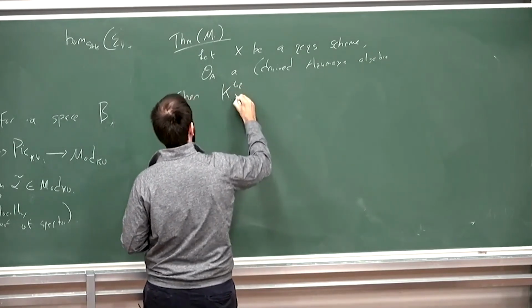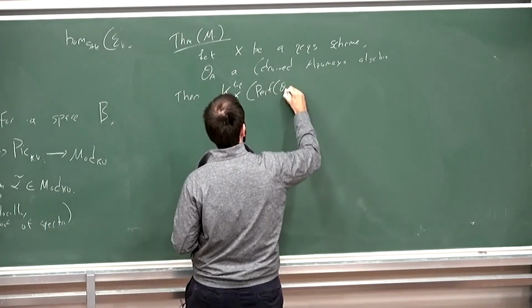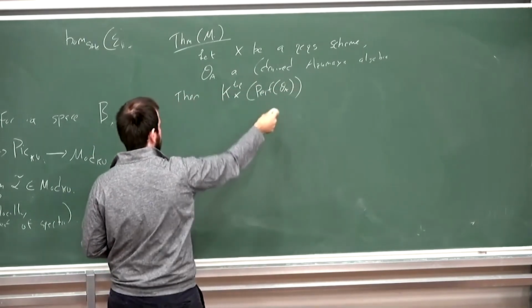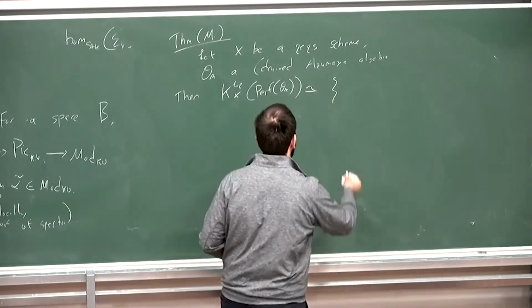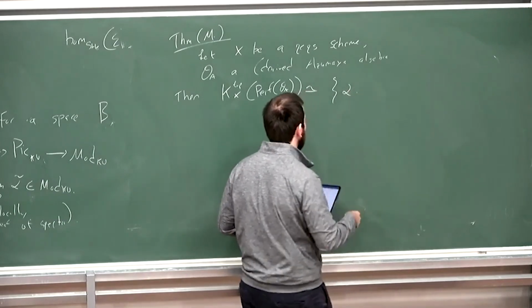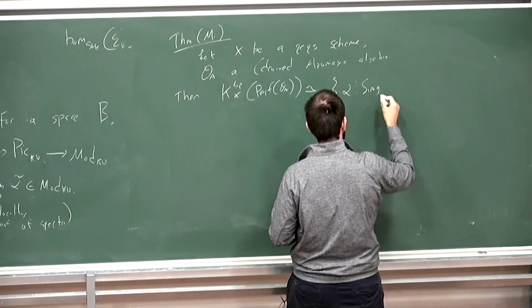Then the K top, the sheaf of spectra that you get by applying this topological K theory to this category. It's kind of an awkward way to write this, but this corresponds to a local system or a parametrized spectrum.